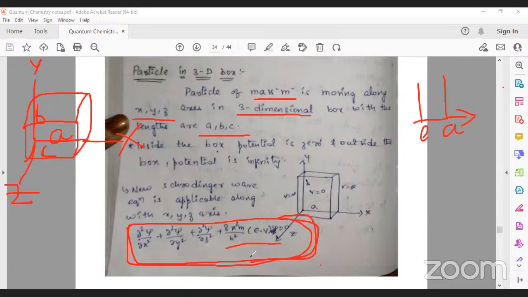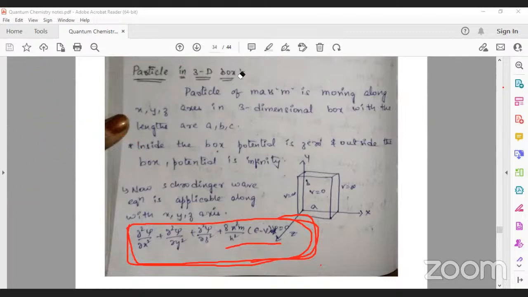Now we are going to solve this three-dimensional equation. We will get the energy and wave function of the particle when it is moving in the three-dimensional box.